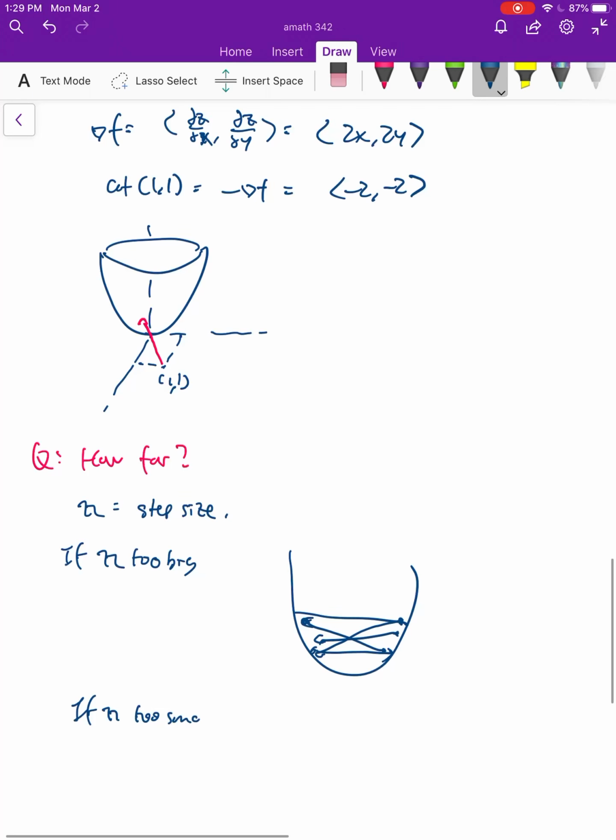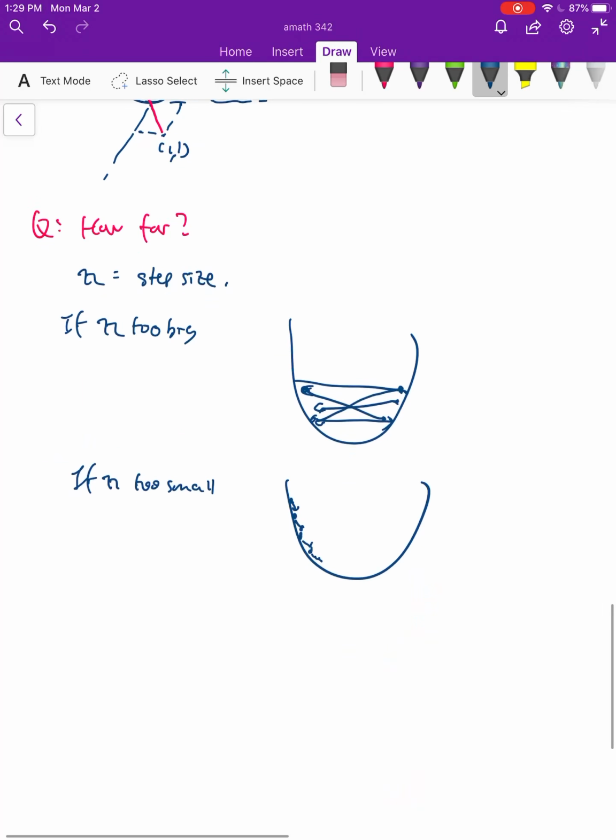But if eta is too small, this approach would take way too long to converge. In practice, but not what we're going to do in our homework, you can have an adaptive eta, where eta decreases over time. But in our homework, we'll just pick a fixed eta and hope for the best.